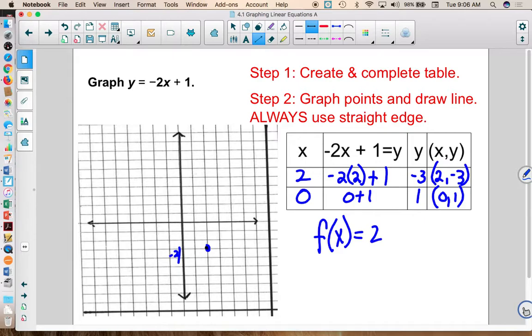And 0, 1. Okay. Does your line look something like that?